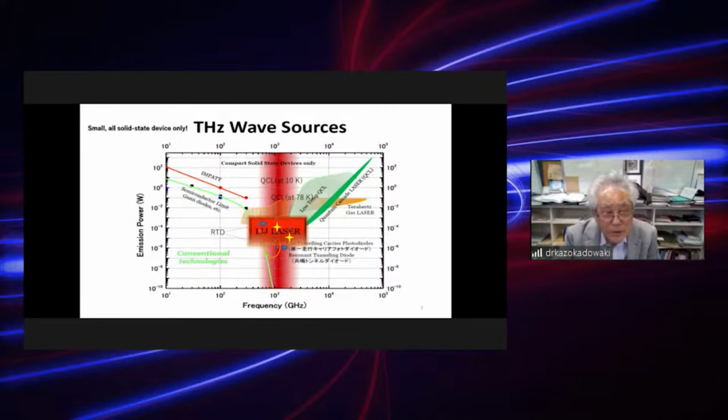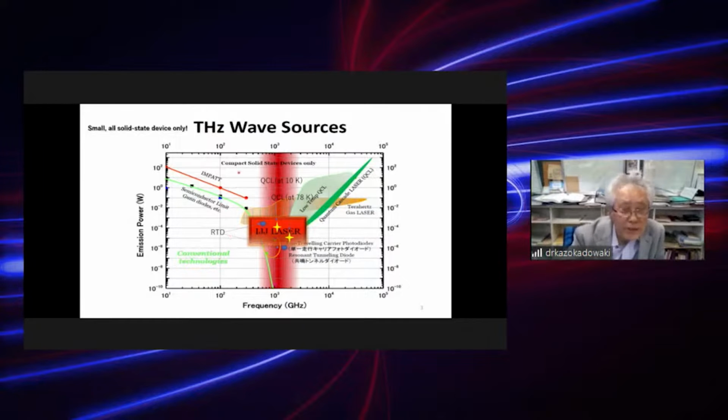Our IJJ laser, we call it a laser, is located somewhere here in the valley, such a sharp valley of the emission power spectrum. This is 1 terahertz, so we are now working around here, and this is one of the most powerful devices to make high terahertz waves.